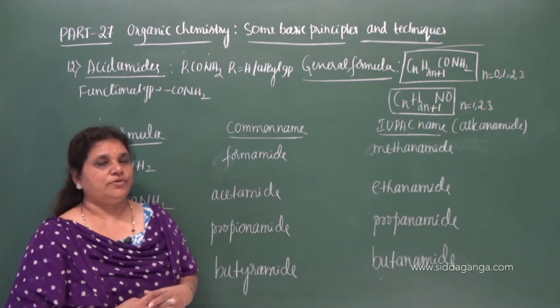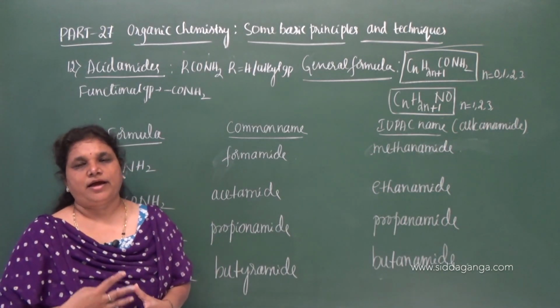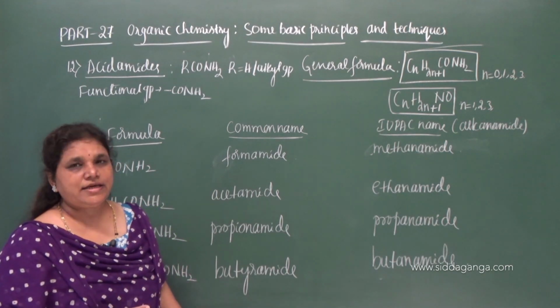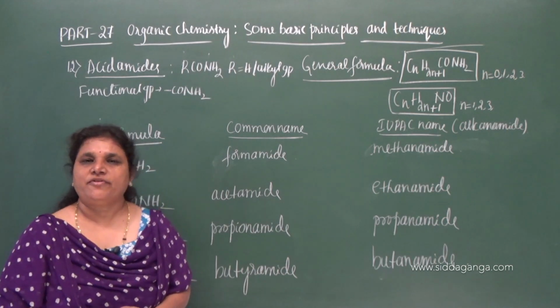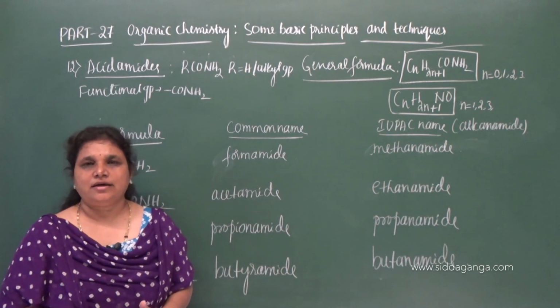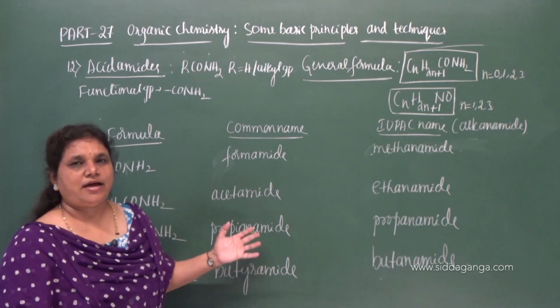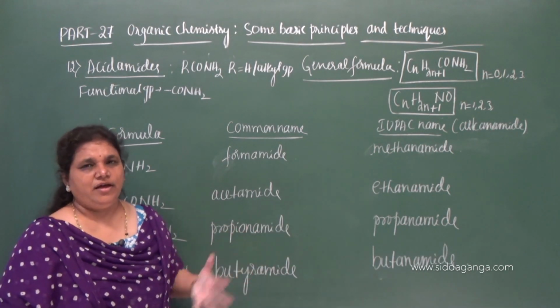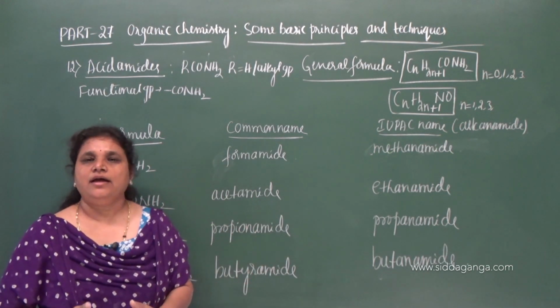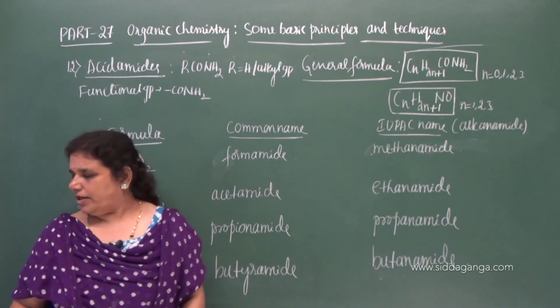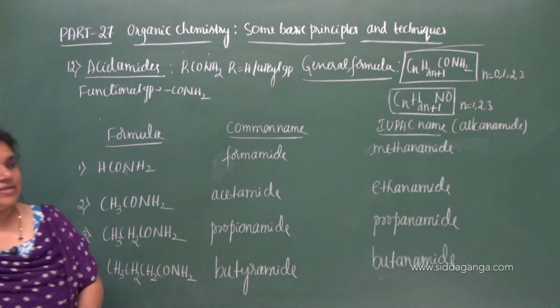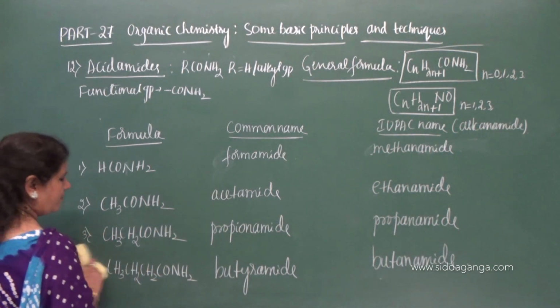So you have to practice the common and IUPAC name of carboxylic acid, then you can easily give the common and IUPAC name of acid chlorides, acid anhydrides and acid amides, and even the esters, because all these are the derivatives of carboxylic acids. Clear? Now let us move on to the next class of organic compounds here.